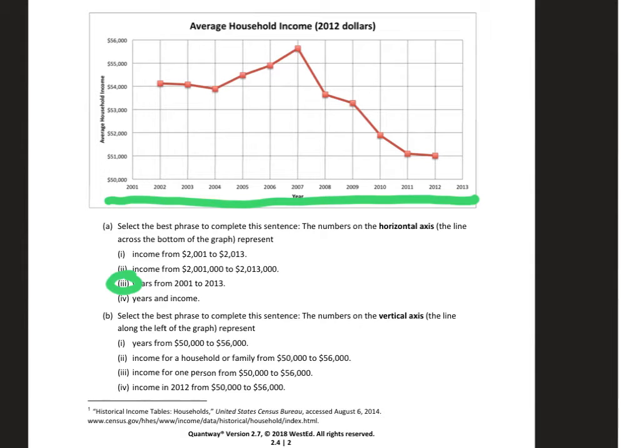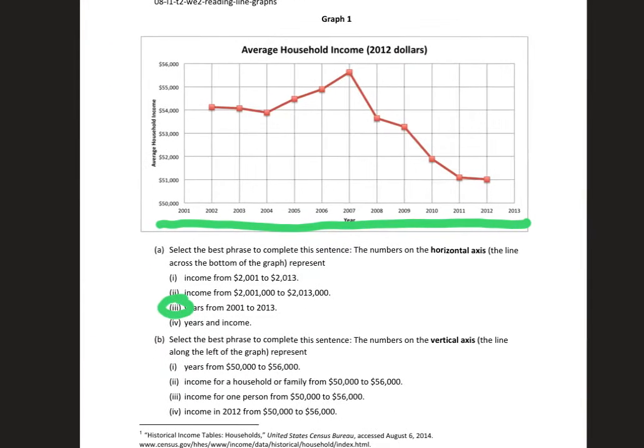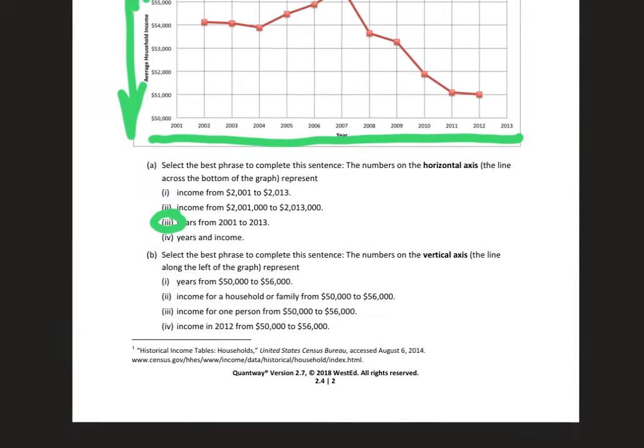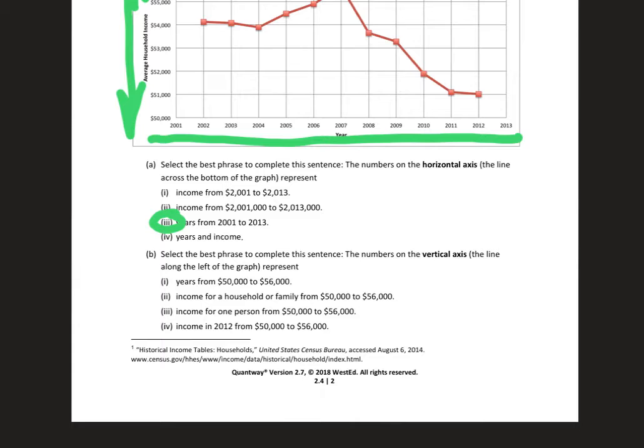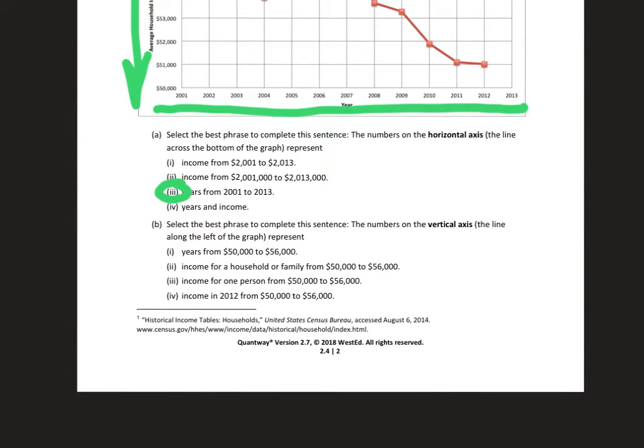The best phrase to complete this sentence? Let's see. The numbers on the vertical axis. Well, here's the vertical axis. Represent years? No. Income for a household or family? Average household income, okay. From 50,000 to 56,000.